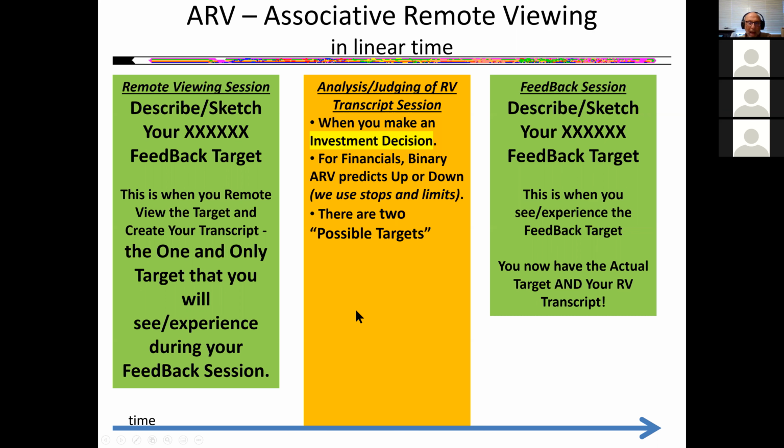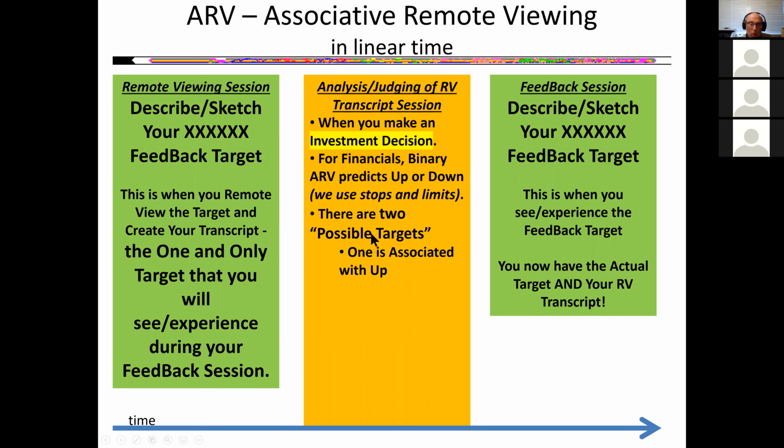Okay, now, up or down, right? Here's where the word associative comes into play. There is only one feedback target, but at the level of the analyst, there are actually two possible targets. That is the way the ARV is set up.